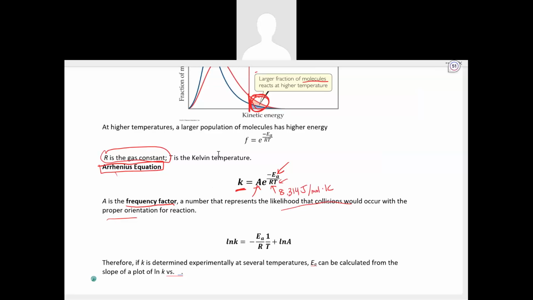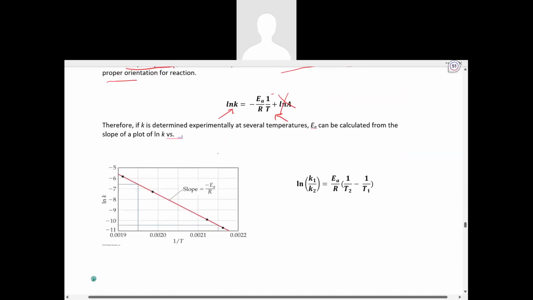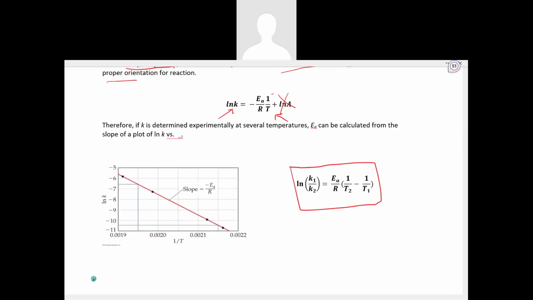So if we were to take this equation and take the natural log on both sides, we would get this form here where this frequency factor does not become important in our calculations. And eventually, we could combine two relationships of rate constants and temperatures for two different conditions, with the activation energy being known, and this constant R always being known.